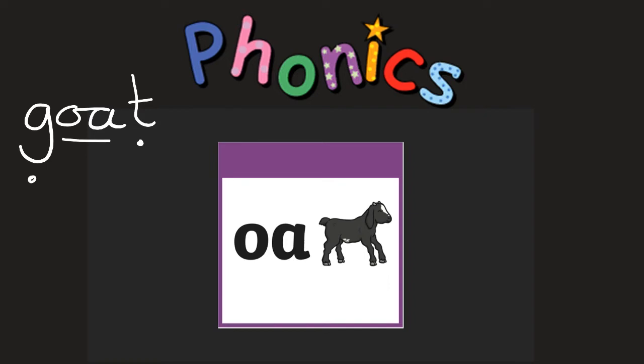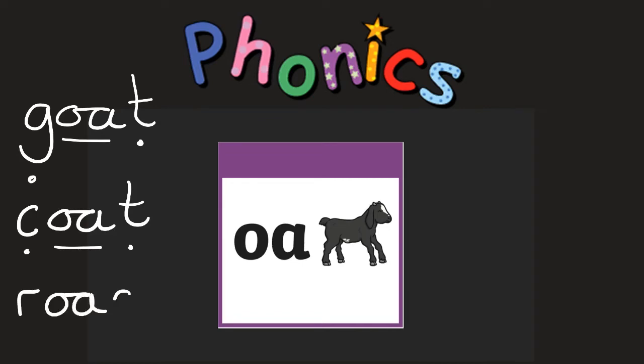Ah, yes, that thing you wear outside when it's raining. A coat. K, O, T. Coat. Good job. Let's do one more. Oh, yes. That thing that you drive your car down. The road. Let me write it for you. Road. R, O, D. Road. Well done, everyone. Great job.